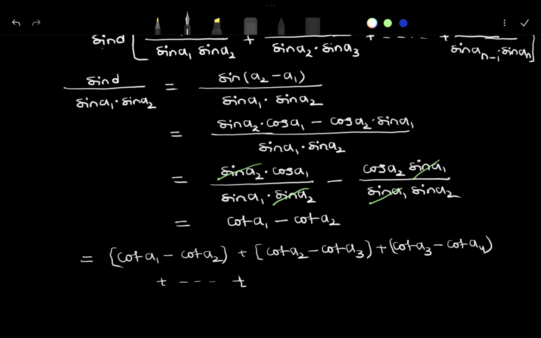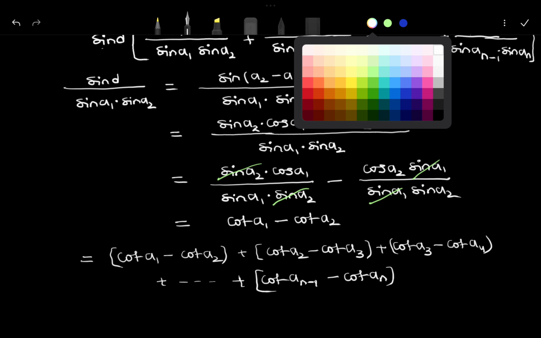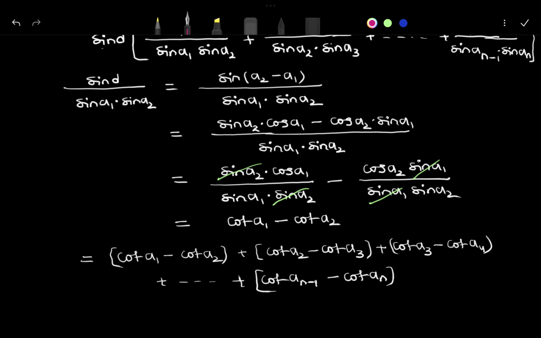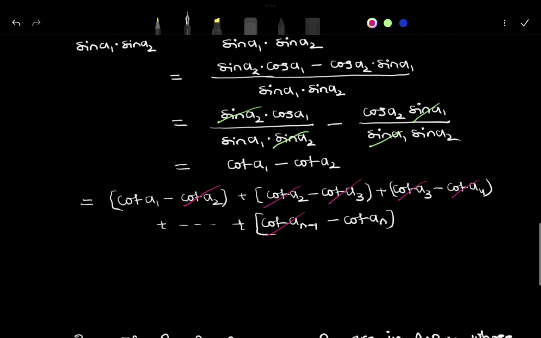The last term is cot of an minus 1 minus cot of an. This is the simplified value of all the terms. Now observe that minus cot a2 plus cot a2 cancel, minus cot a3 plus cot a3, minus cot a4 plus cot a4, and like that up to cot of an minus 1, all the terms cancel.